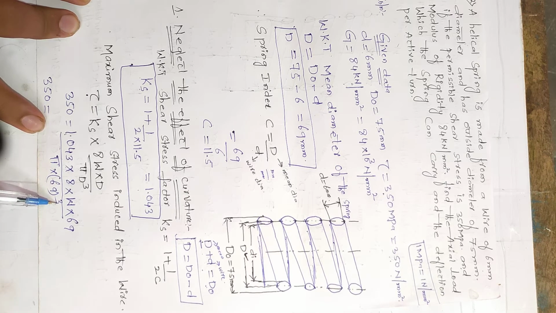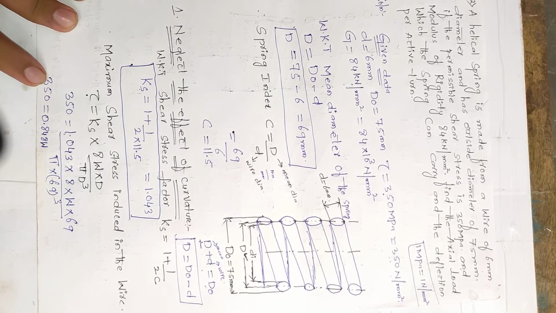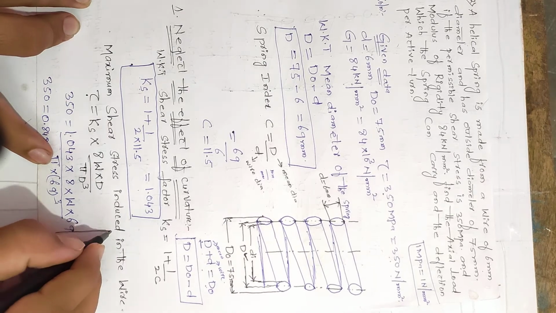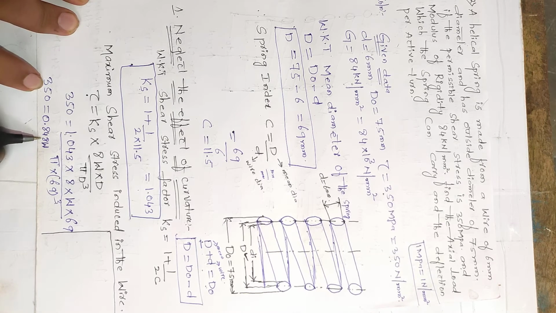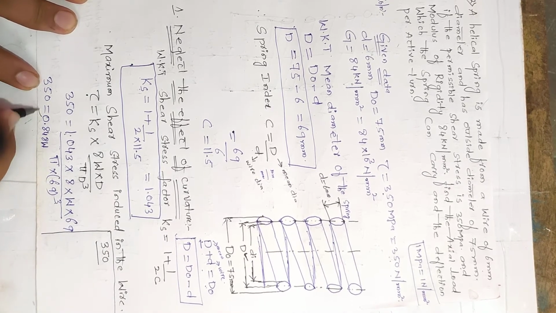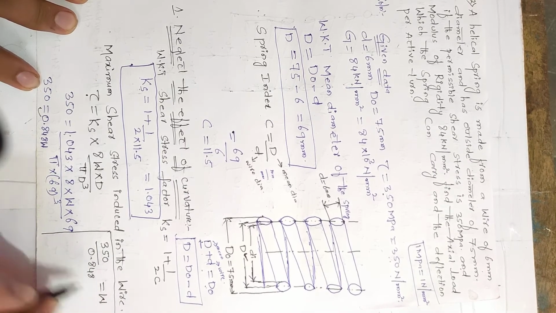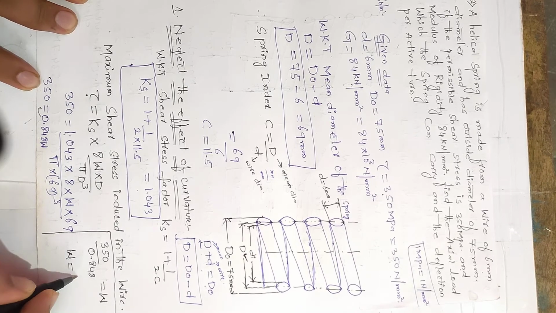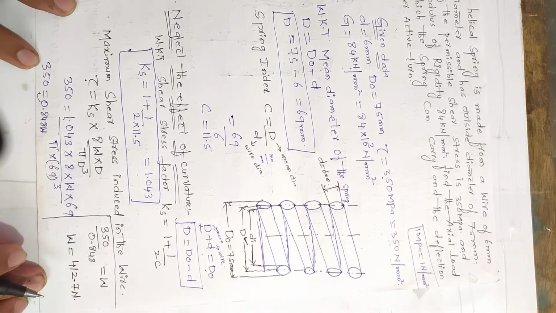You will get the value 0.848 W. Okay dear? So if you divide 350 by 0.848, then you will get the value of W. So 350 by 0.848 equals W. How much did we get here? W value is 412.7 Newton.